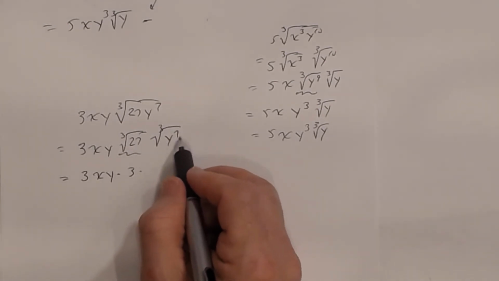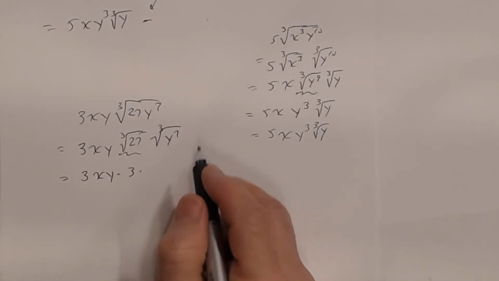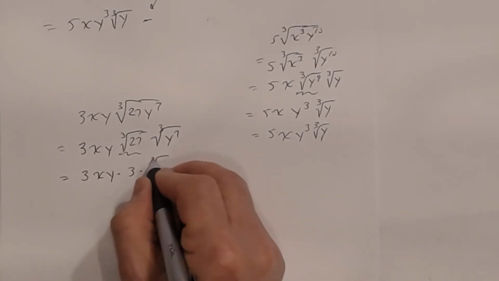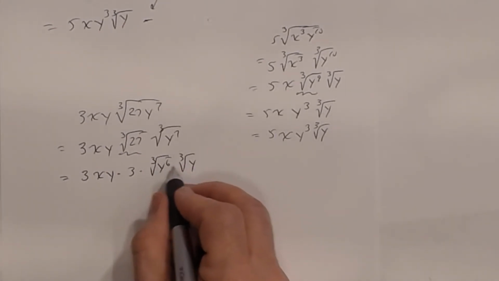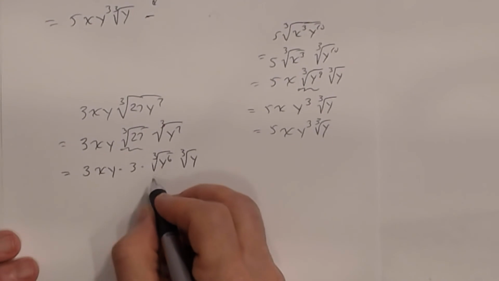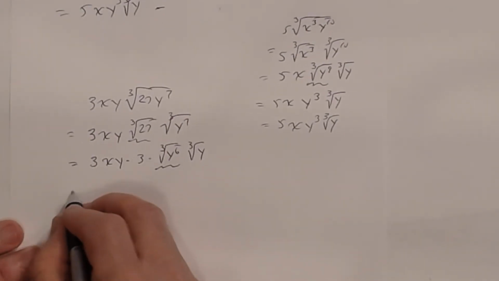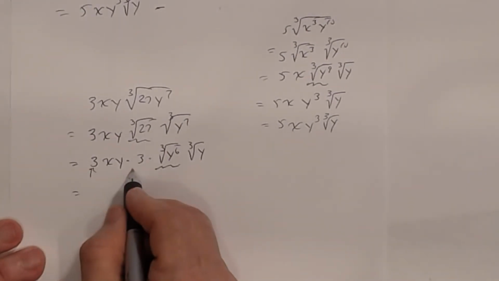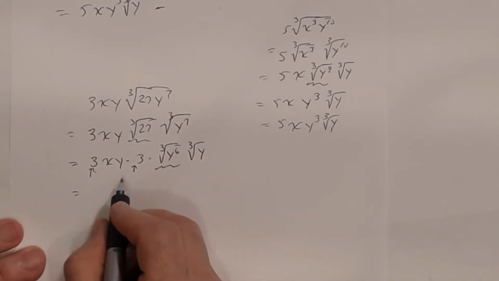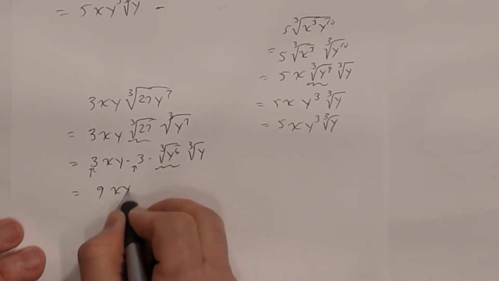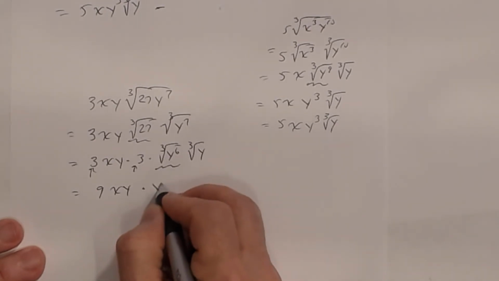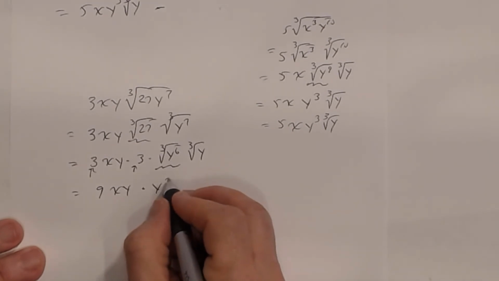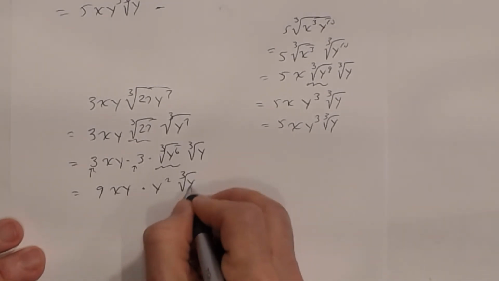So think, what's the largest whole number less than 7 that's divisible by 3? And that's 6. So I can rewrite this as the cube root of y to the 6th times the cube root of y. Y to the 6th times y is y to the 7th. Now I can simplify this. And also remember that 3 times 3 is 9. So right away, this is 9, right? So I get 9xy times the cube root of y to the 6th, which is y squared. 6 divided by 3 is 2, times the cube root of y.